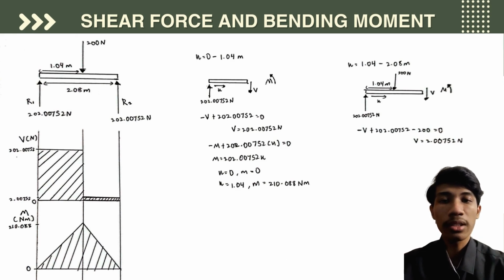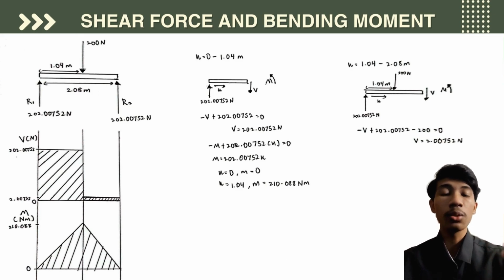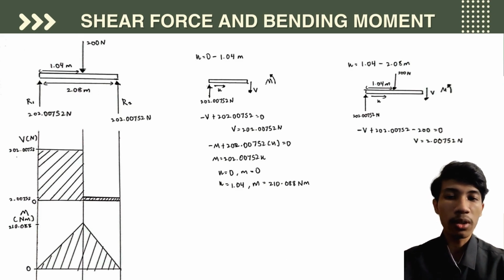So I will explain the shear force and bending moment. The given load is 200 Newton, and the force for each table leg is 202.00752 Newton.